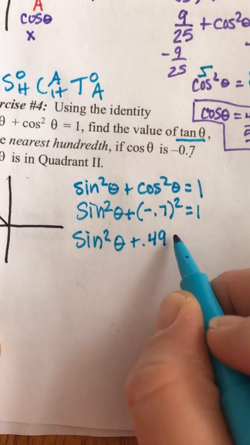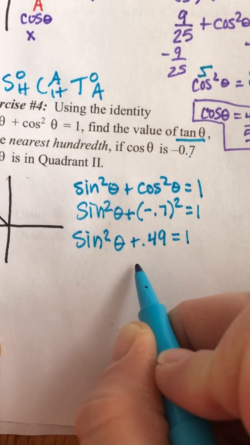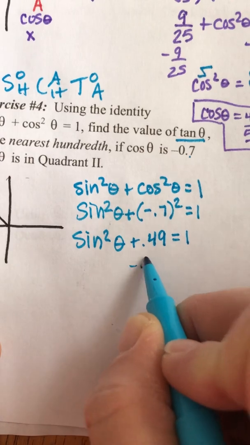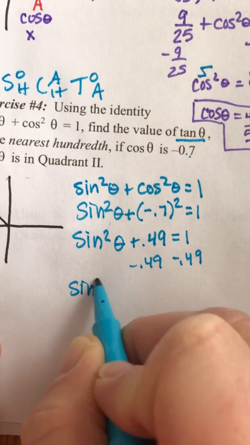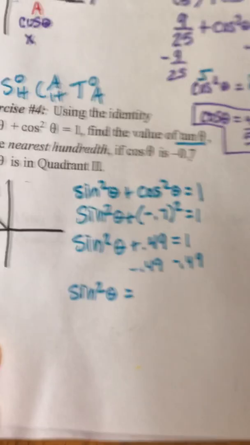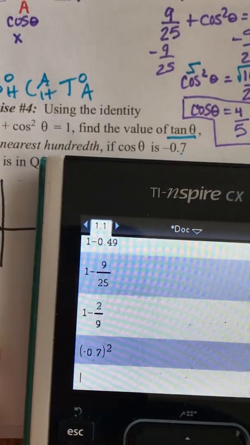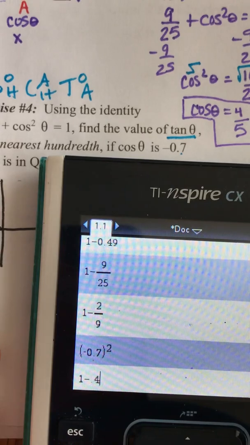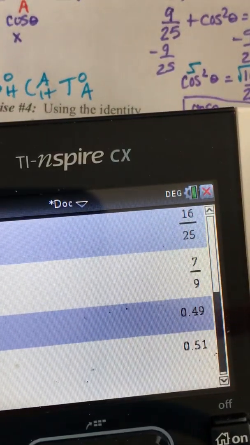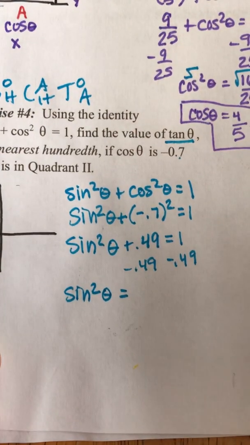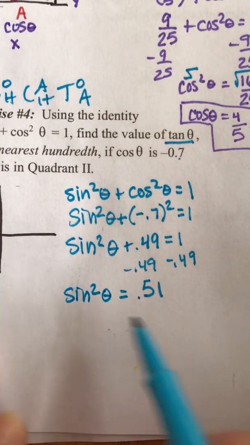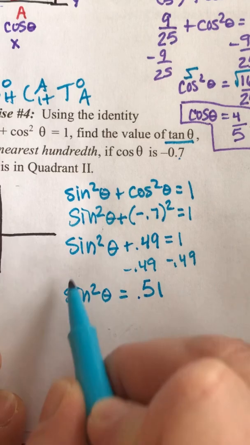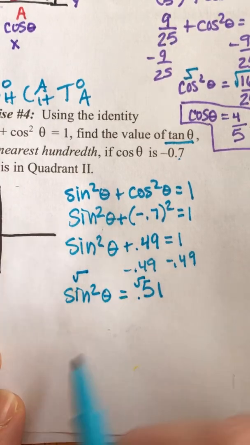Equals 1. I need to get sine by itself, so I subtract the 0.49. Sine squared of theta equals 1 minus 0.49, and I got 0.51. Now I'm not quite done yet because this says sine squared. I need to take the square root here and the square root here.